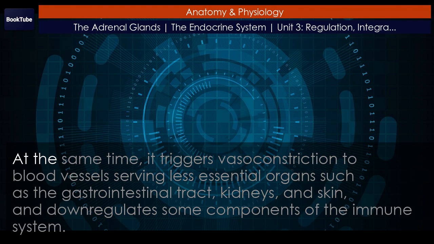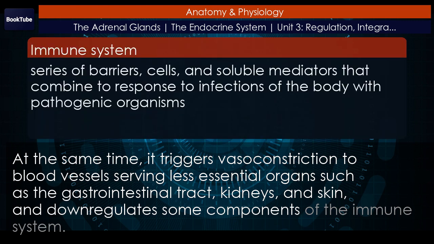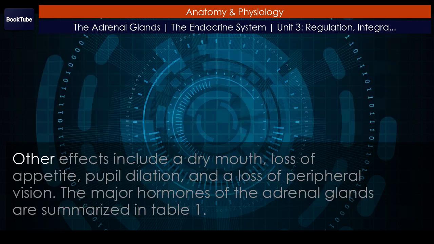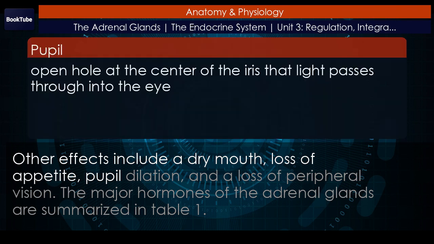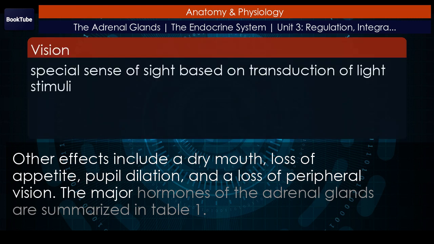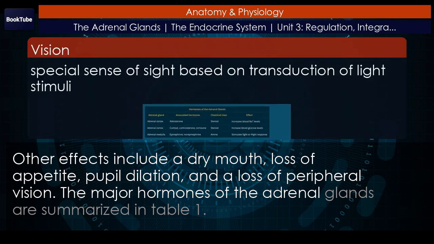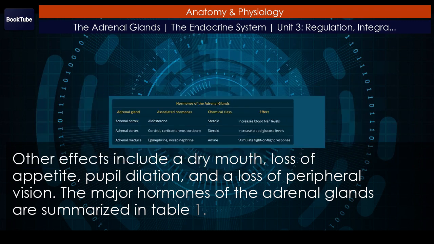At the same time, it triggers vasoconstriction to blood vessels serving less essential organs such as the gastrointestinal tract, kidneys, and skin, and downregulates some components of the immune system. Other effects include a dry mouth, loss of appetite, pupil dilation, and a loss of peripheral vision. The major hormones of the adrenal glands are summarized in Table 1.